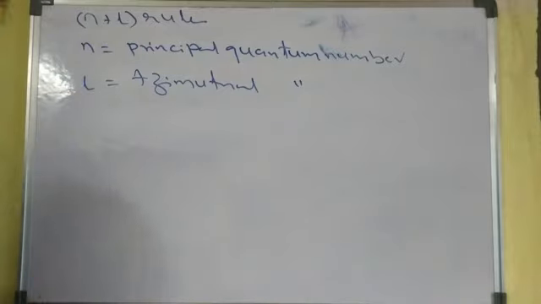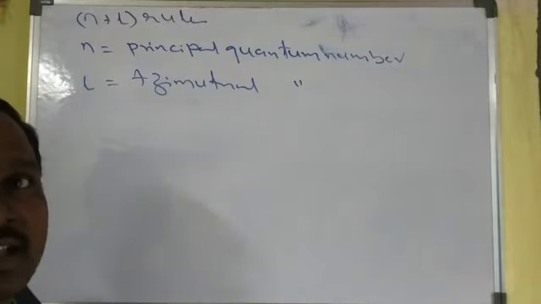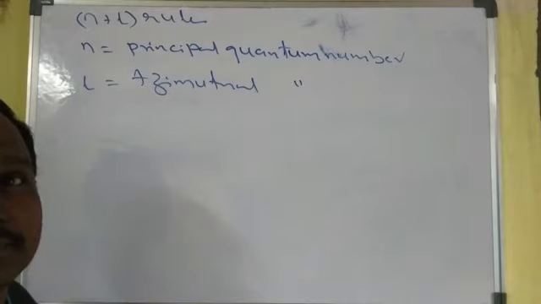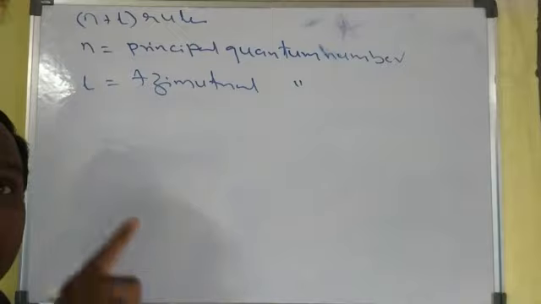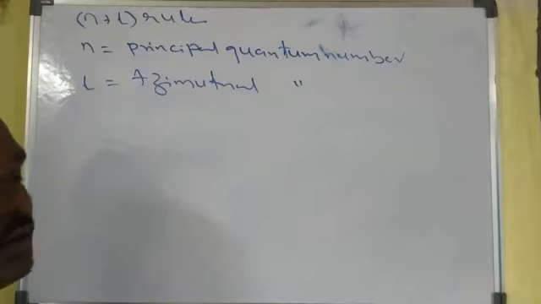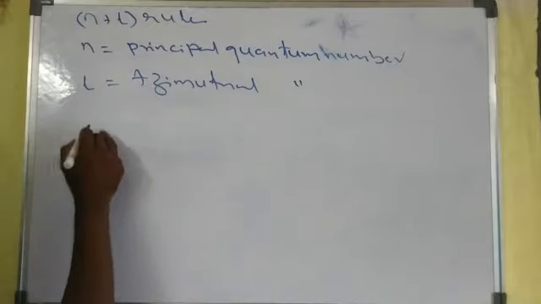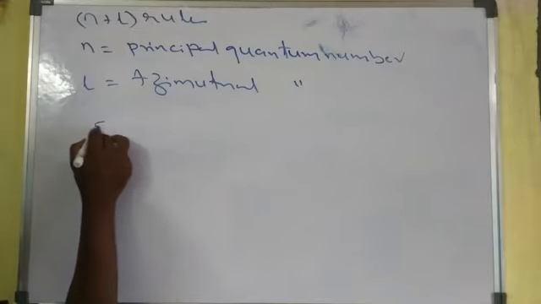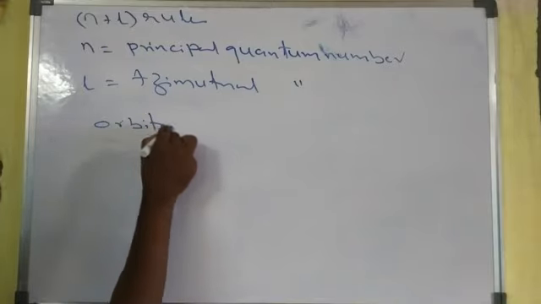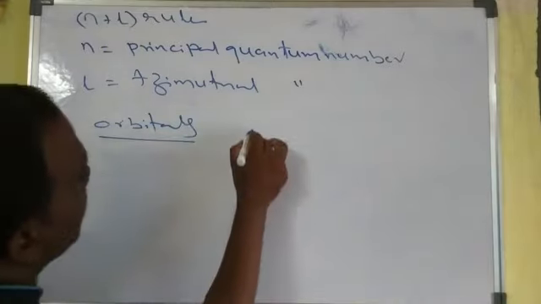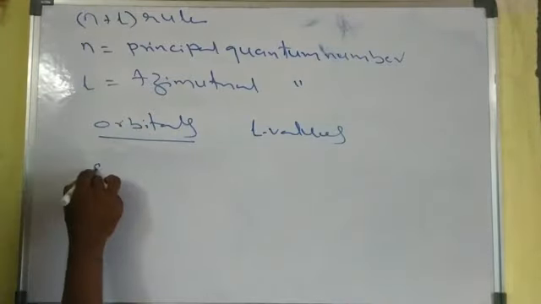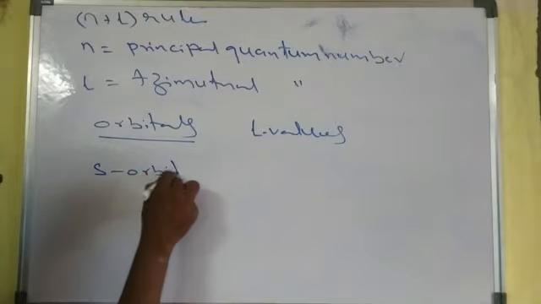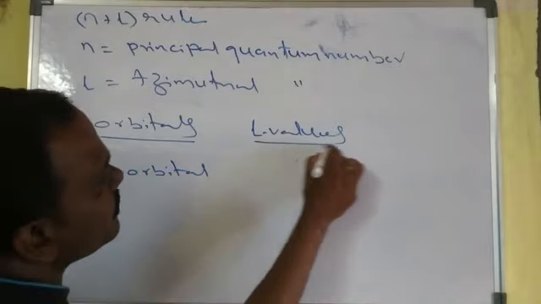This n indicates the orbit number. l indicates the shape of the orbitals. For the l values: for s orbital, l value is 0.